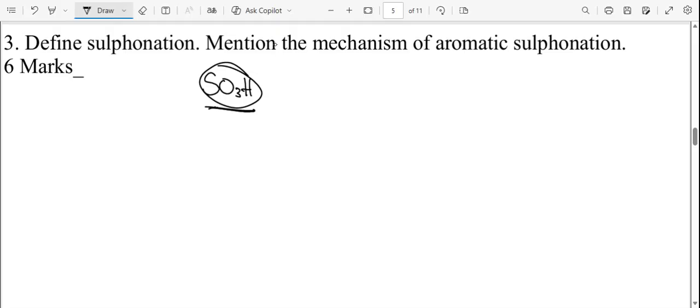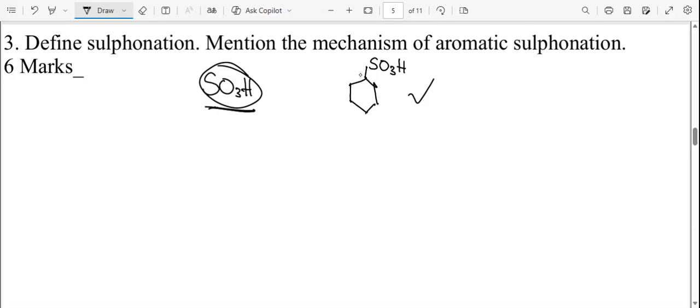So it happens like this. Let me just introduce it to you. So the aromatic ring, let me draw the aromatic ring, and we are going to introduce this sulfonic group. We introduce it like that. So this will form what we now call the sulfonation product.